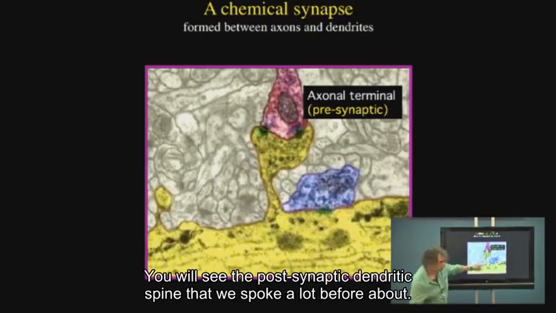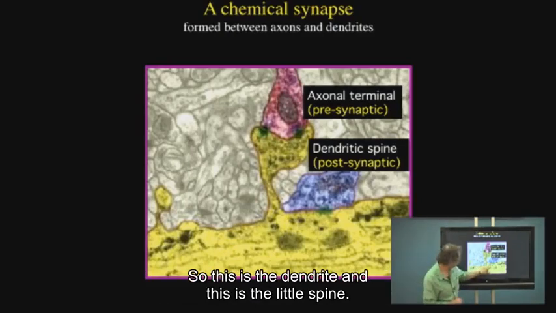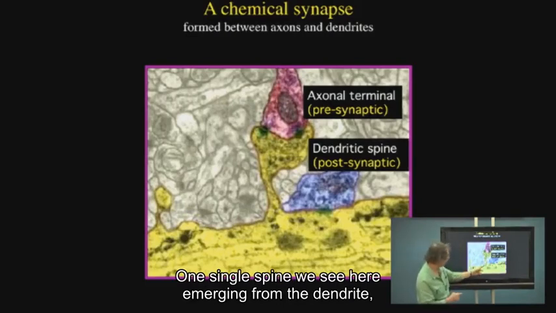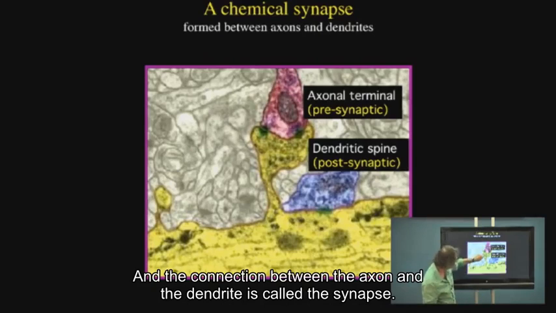You will see the postsynaptic dendritic spine that we spoke a lot about before. So this is the dendrite, and this is the little spine, one single spine we see here emerging from the dendrite. There is a little neck, and there is a little head of the spine, and the connection between the axon and the dendrite is called the synapse.